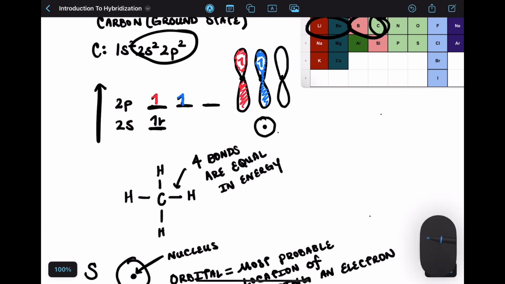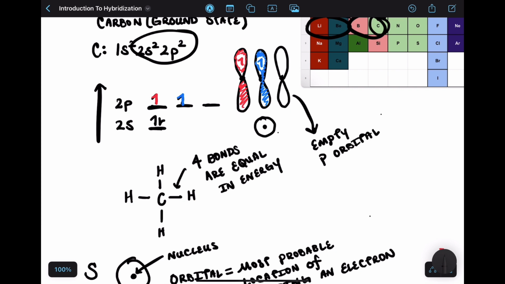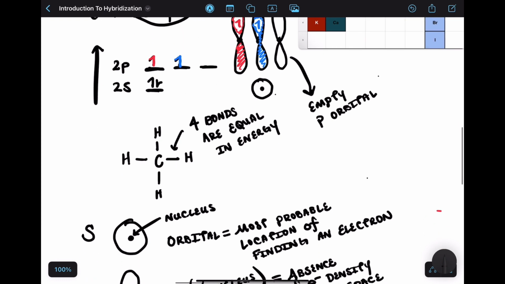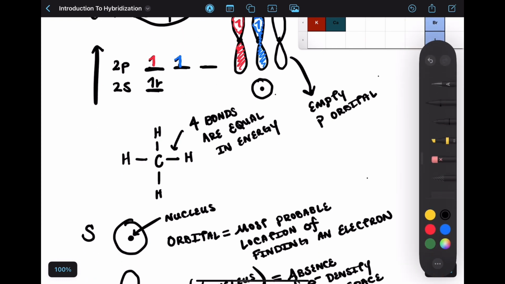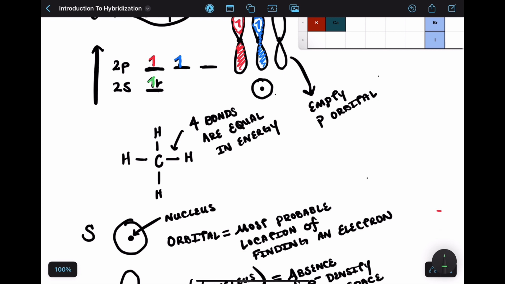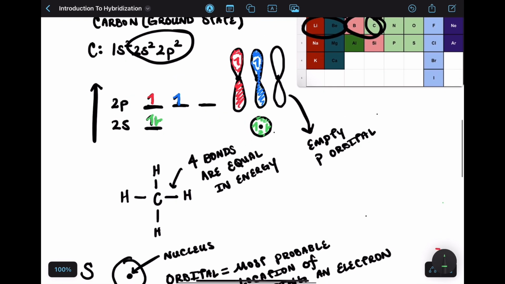And so there's an empty p orbital in this case. So we have an empty p orbital, and then we have our s orbital with these electrons. They could be floating around essentially anywhere in this sphere around that nucleus, right?